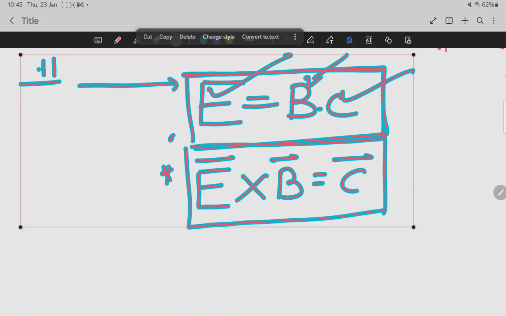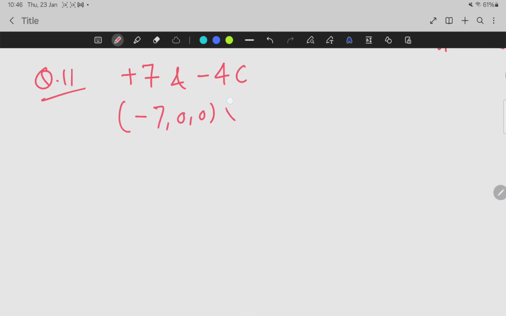Now next, electrostatic potential energy. This is the last question, we can say. Two charges, plus 7 microcoulomb and -4 microcoulomb, are located at (-7, 0, 0) and (7, 0, 0).